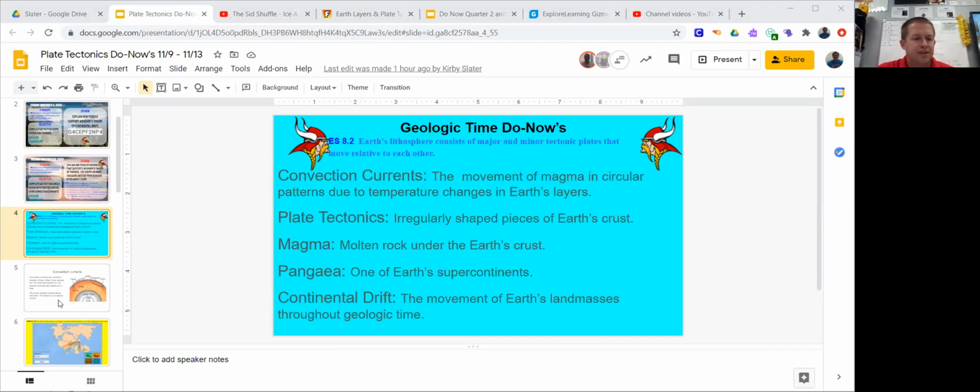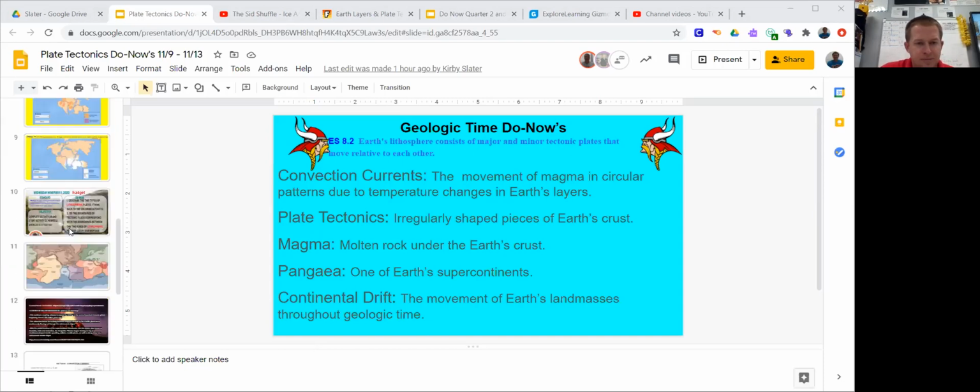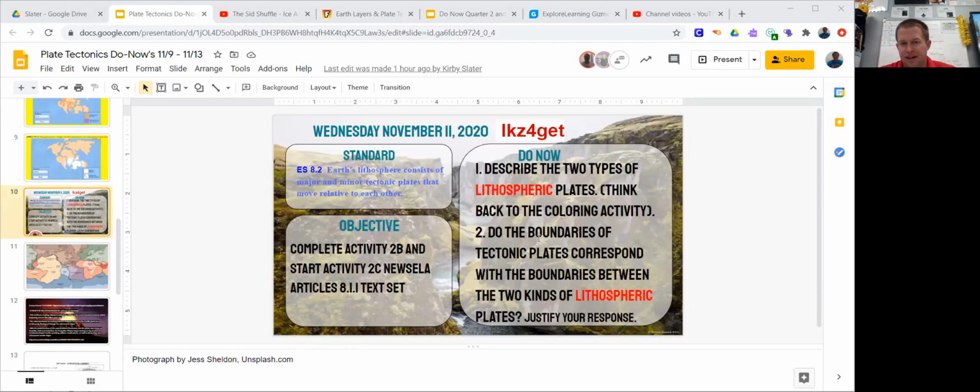All right. So the do now. Who can answer this do now for us? So describe the 2 types of lithospheric plates. So what are the 2 types of lithospheric plates? Can any of you tell me? Think about what covers the Earth. There are 2 different things that cover the Earth.